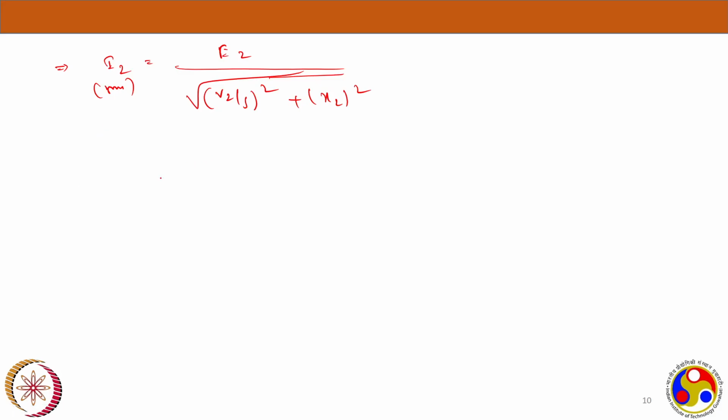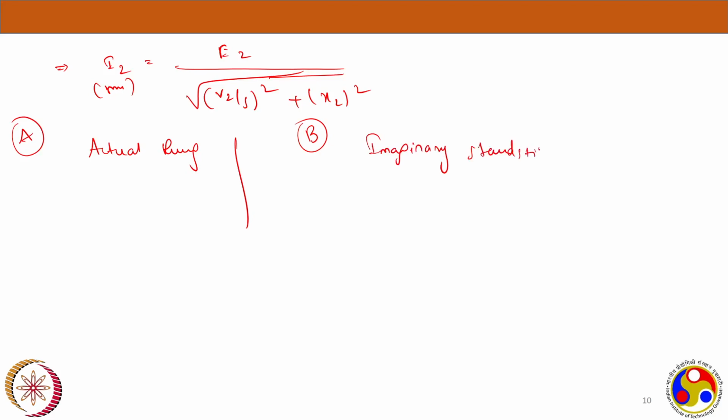Now, here comes the interesting point. Some observer is sitting on the stator of these two machines. One is the actual machine A and one is the imaginary machine B. So this is the actual running machine, and this is the imaginary standstill machine.